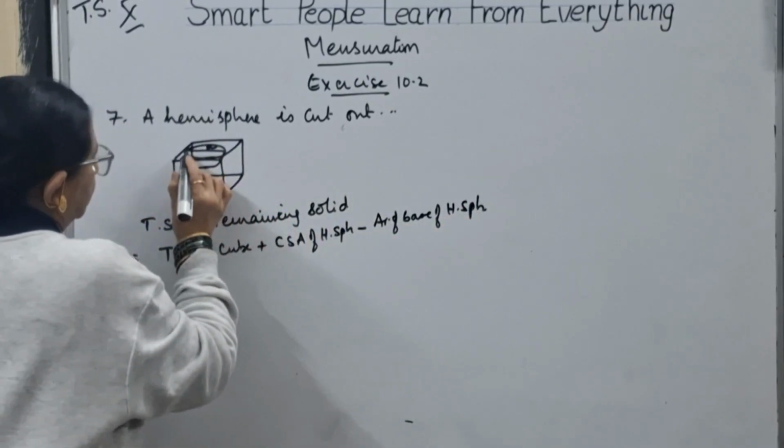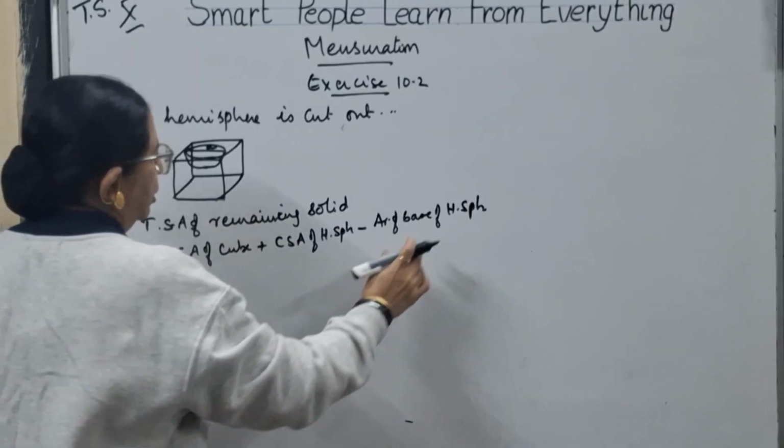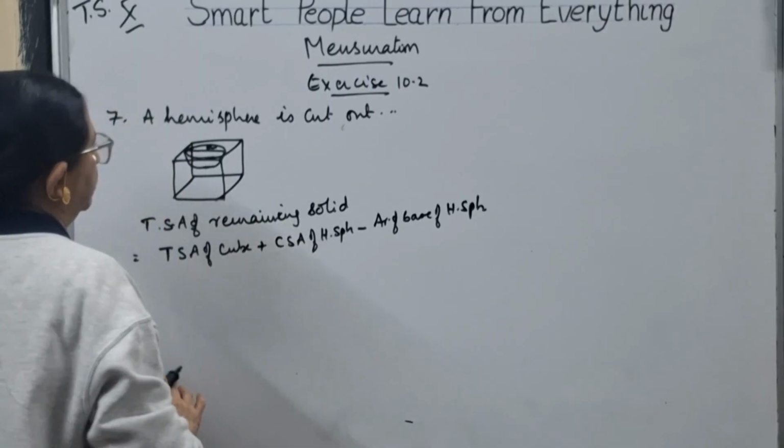Why is it like this? Because this top portion is not there, only the bottom portion is there. So the area of the base of the hemisphere.